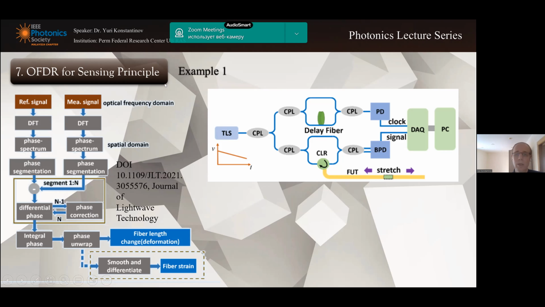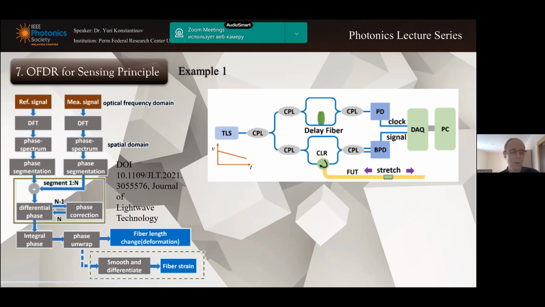So this slide is only about the mathematical operations. To perform the measurement, actually, we need to provide two measurements. The first one is the so-called reference signal. We need to provide this when the fiber under test has no impacts on it.